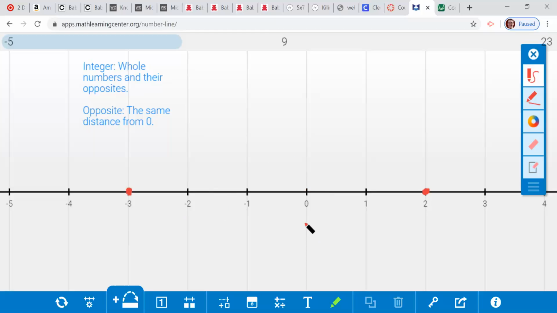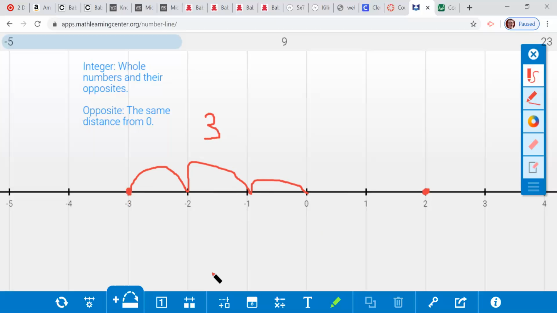Our first is simply to count. We can do this by counting the number of spaces between our integers and 0. 1, 2, 3. We know the distance from negative 3 to 0 is 3.